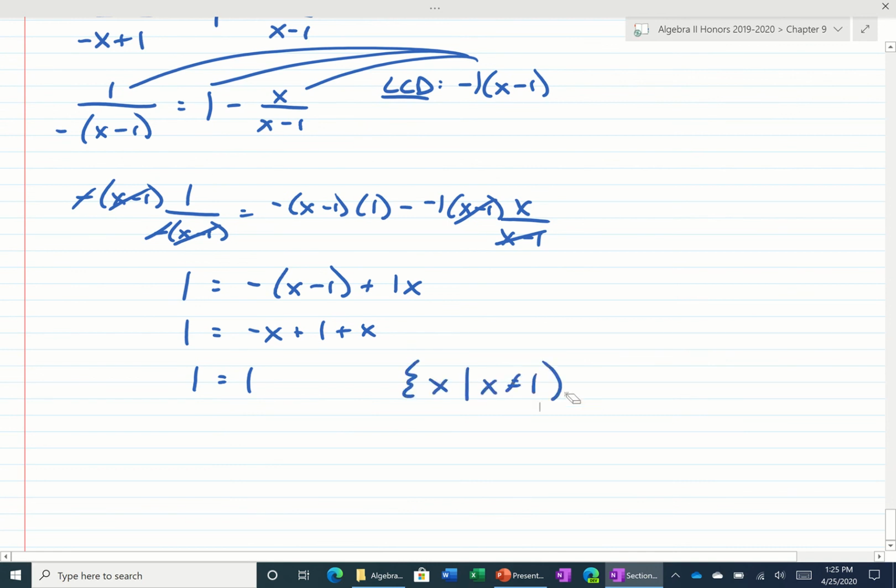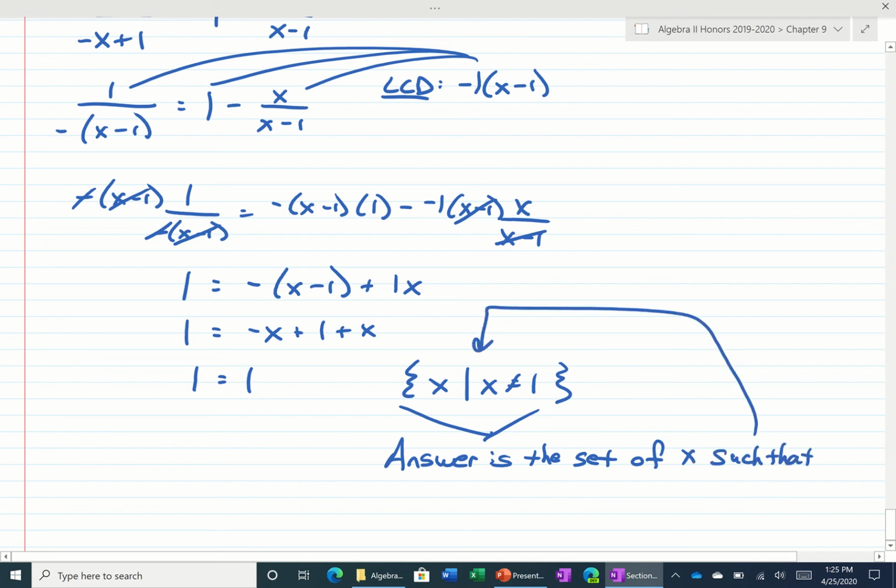What that means is the answer is the set of x such that, that's what that straight vertical line means, x isn't equal to 1. That's what that means in English.